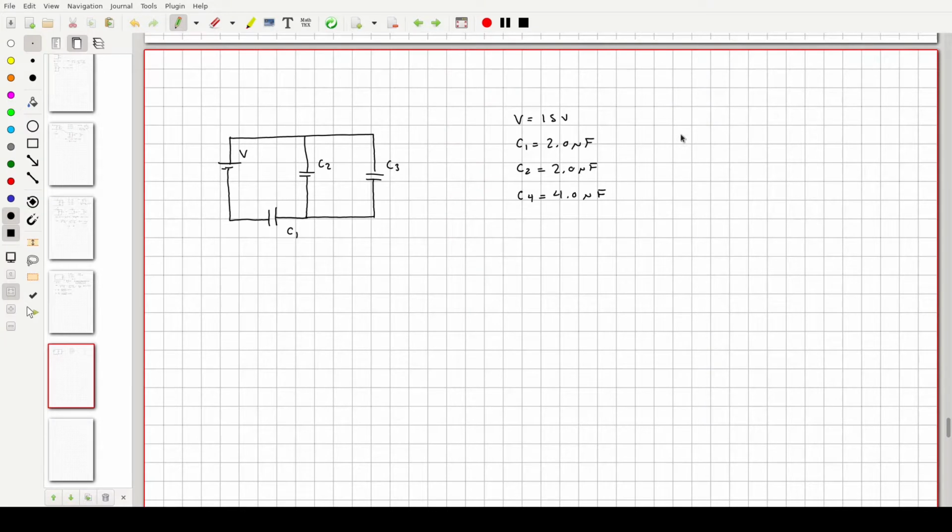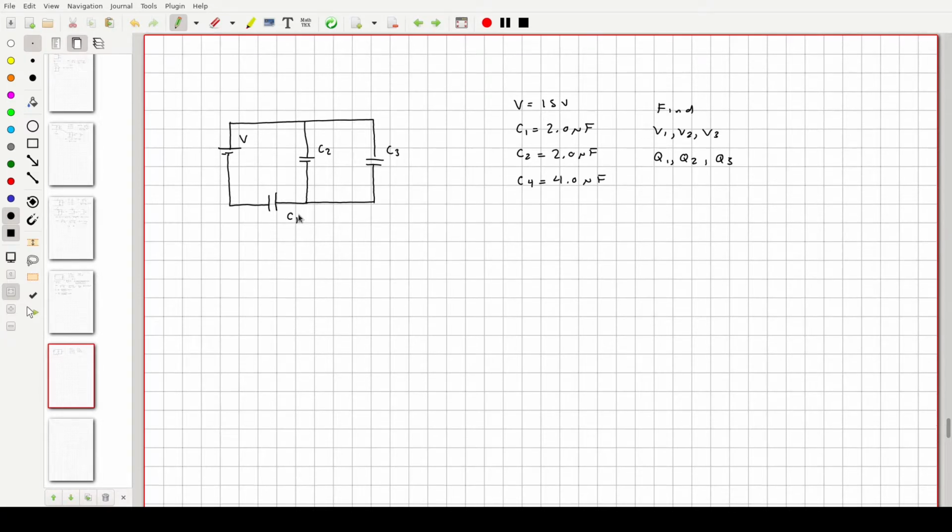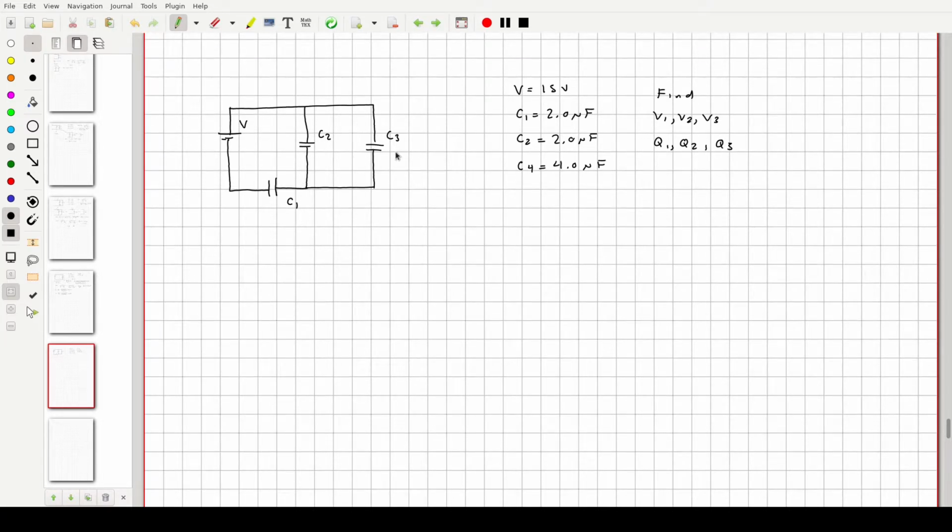So what I'd like to do is find V1, V2, V3, Q1, Q2, and Q3. So find all of the voltages and all of the charges. Now you have a hybrid circuit here. These guys right here are in parallel, and this is in series.